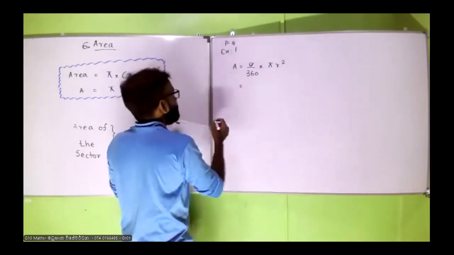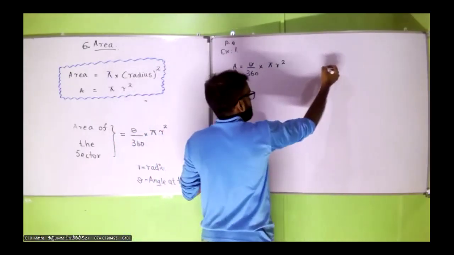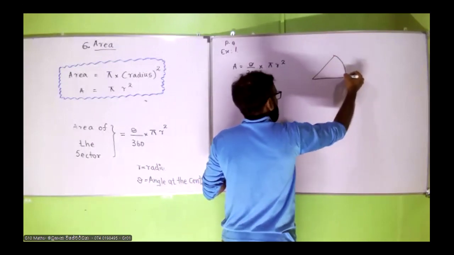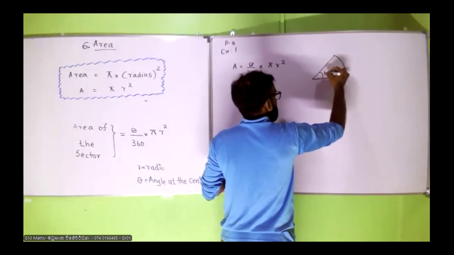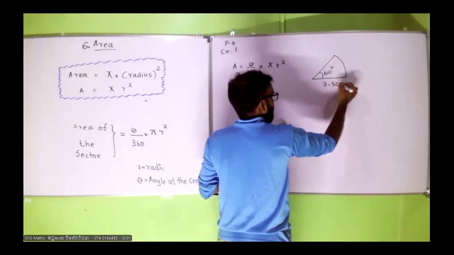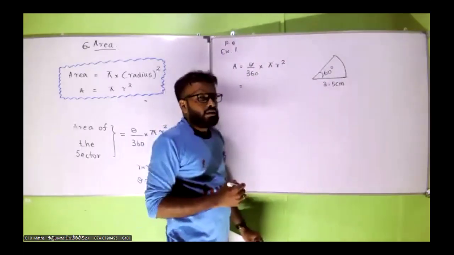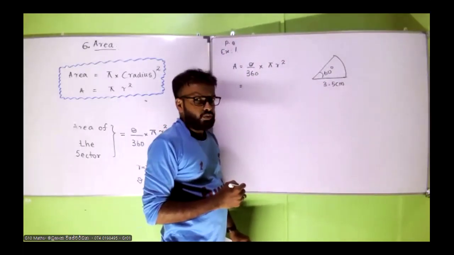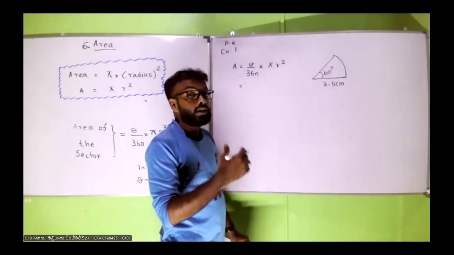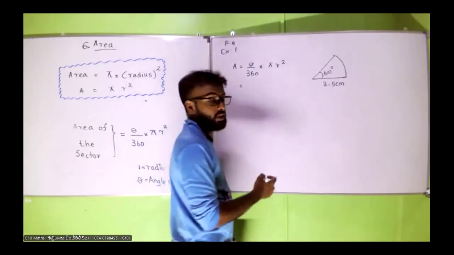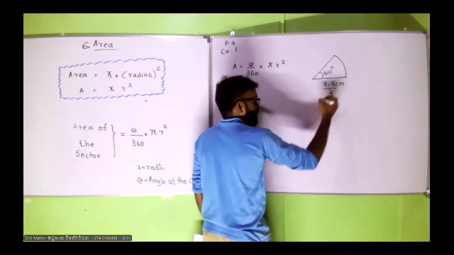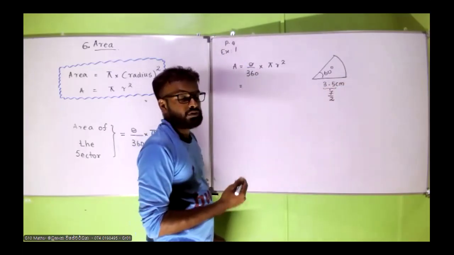Correct? So here in the first example, they have given 60 degrees, and the radius is 3.5. When you see 3.5, I have told you earlier how to write 3.5 in a different way as well. 3.5 can be written as 7/2 because of the easiness of simplification.